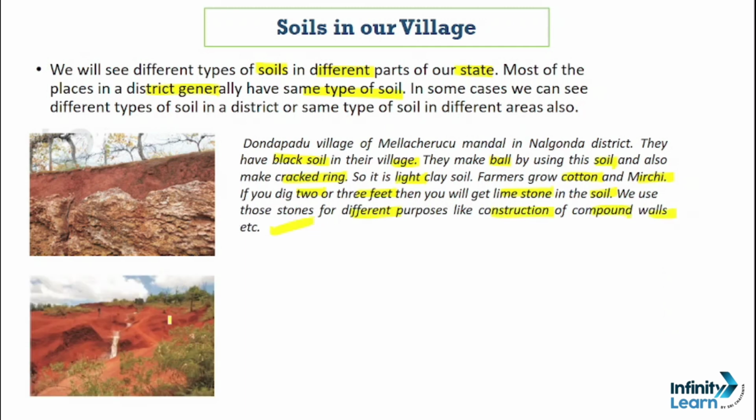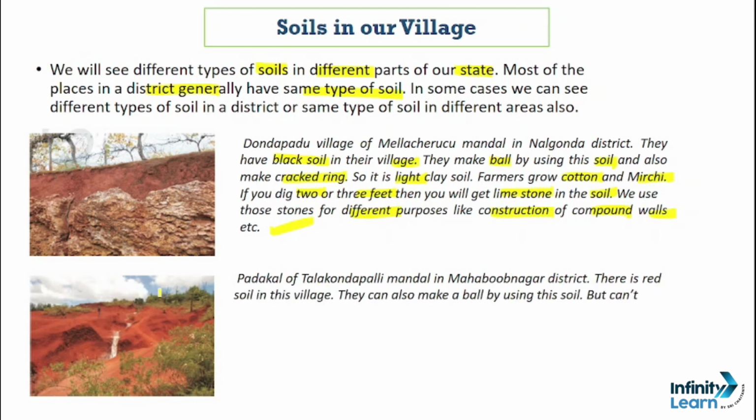And if we look at our second picture, this is the type of soil you will get in Padakal of Talakondapalli Mandal in Mahbubnagar district, and there is a reddish soil you will see in this village. With the help of this soil they make balls, but they can't make rings using this soil because it contains sand too.